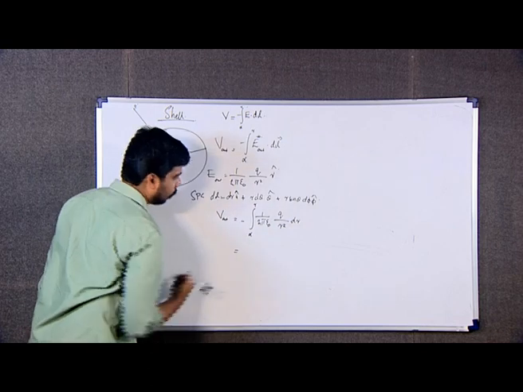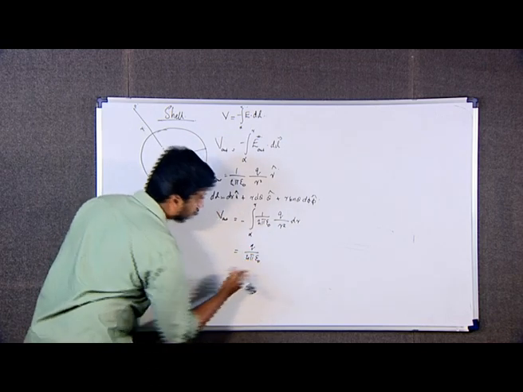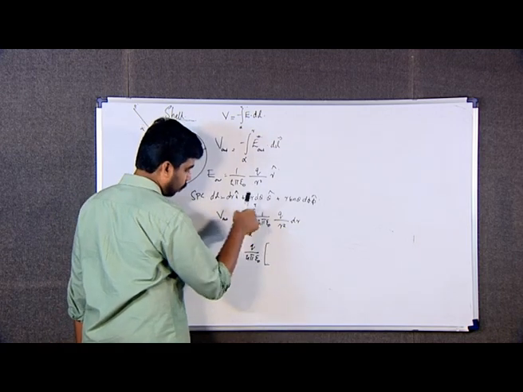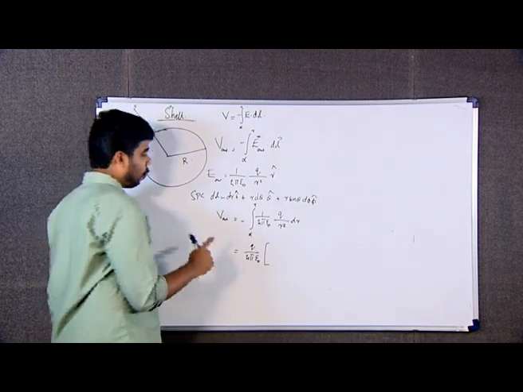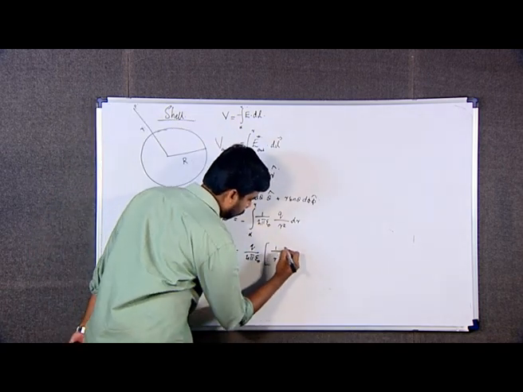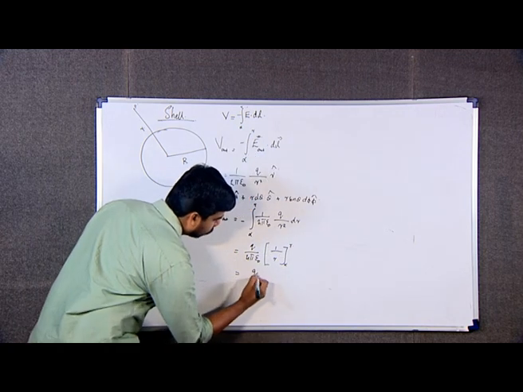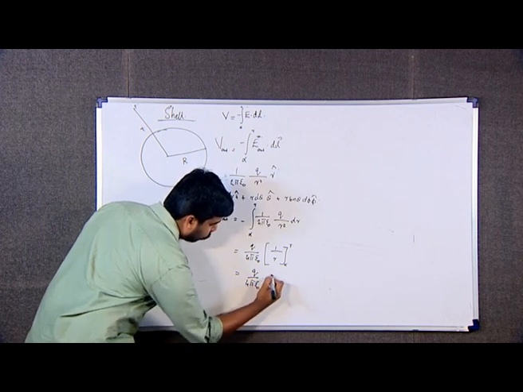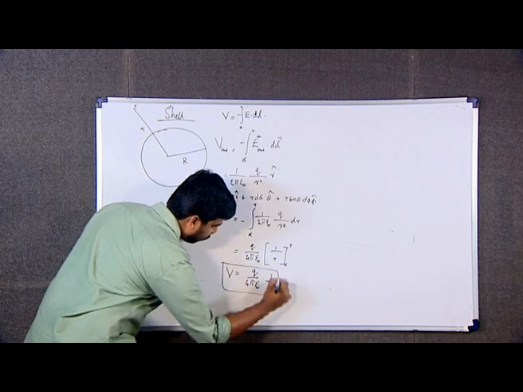This is equal to q by 4 pi epsilon 0 into, on integration, the additional negative sign cancels this minus sign and only 1 by r will be there, from infinity to r. So, I can write it as q by 4 pi epsilon 0 into 1 by r. This is the potential outside the shell.